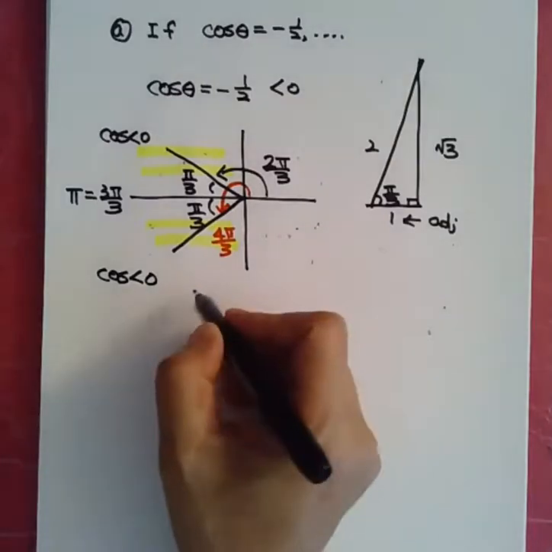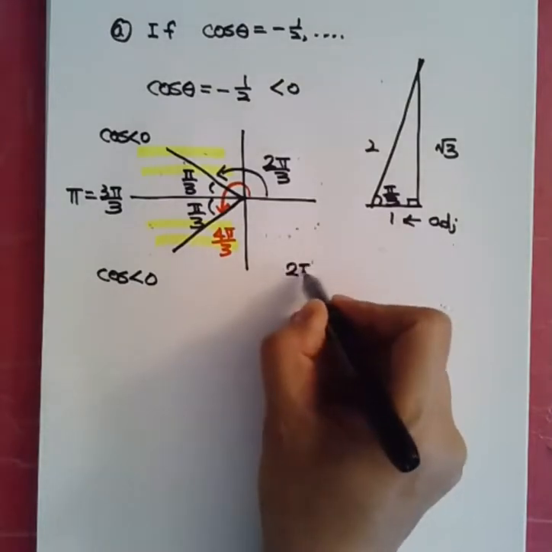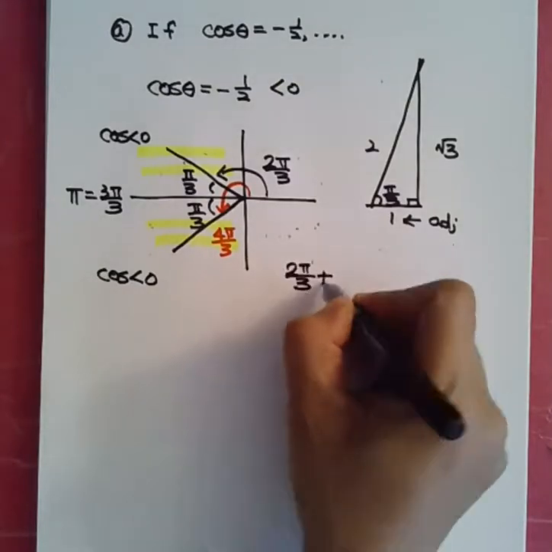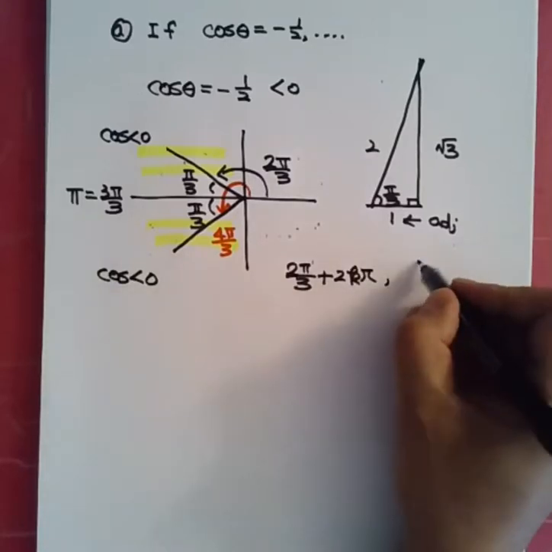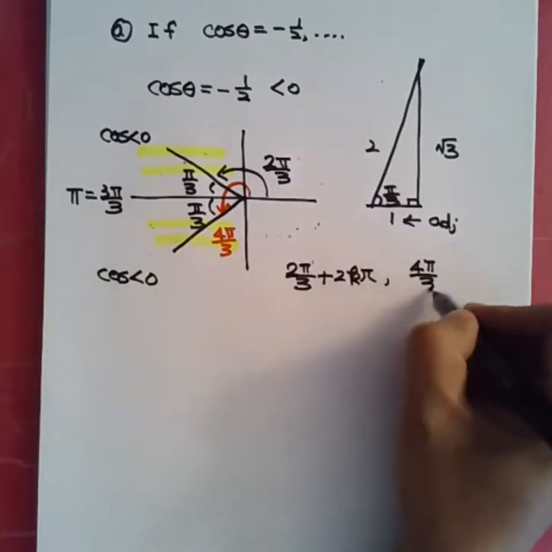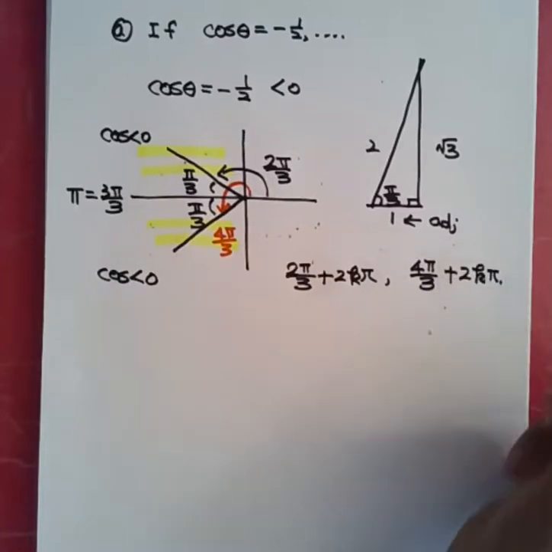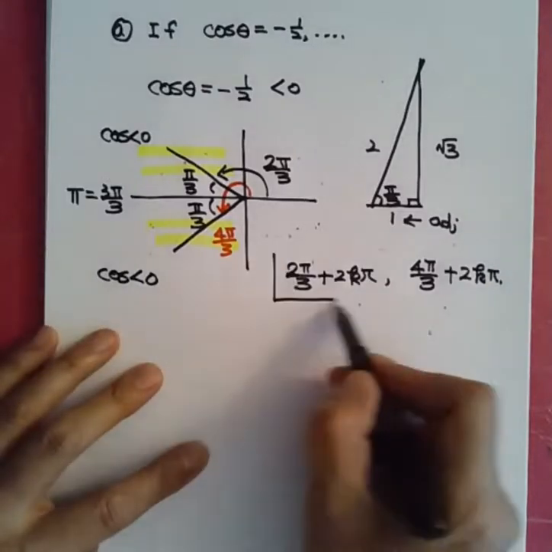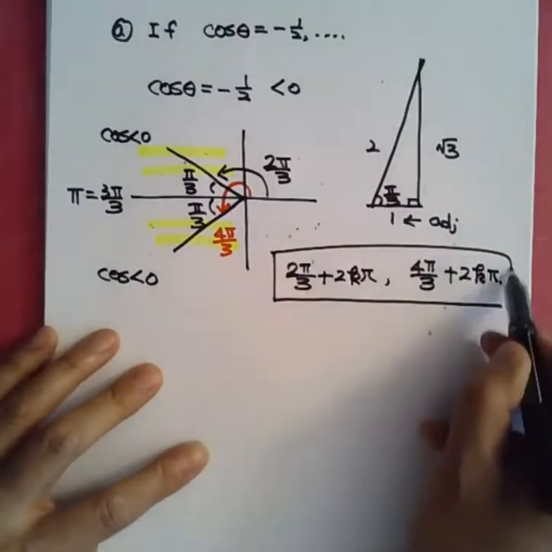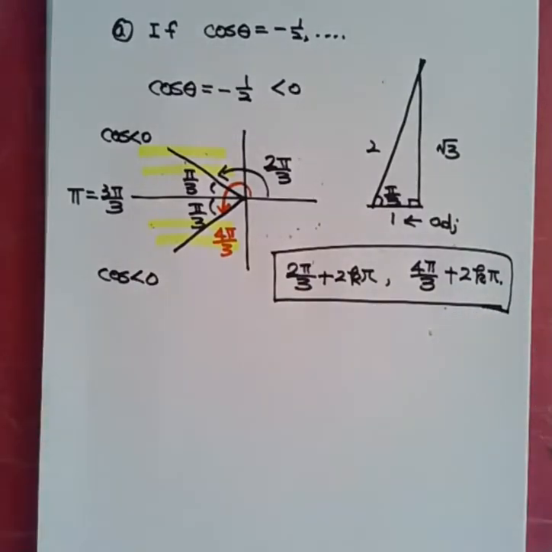So we have two answers from here. So 2 pi over 3 plus 2k pi, or 4 pi over 3 plus 2k pi. It doesn't matter whether you write k first or pi first. We get two answers from cosine of theta equals minus 1/2.